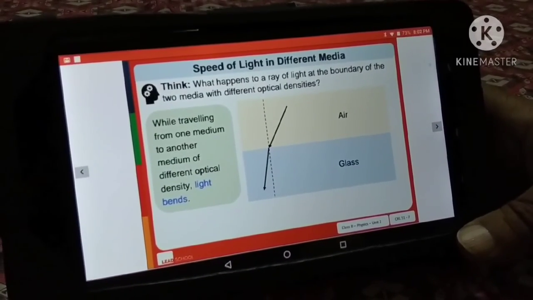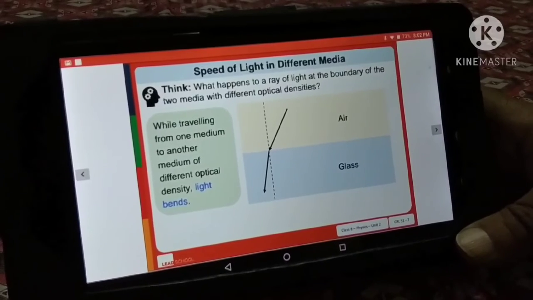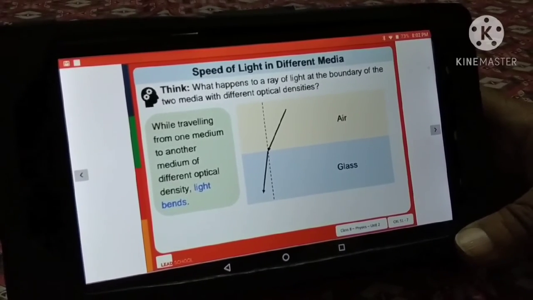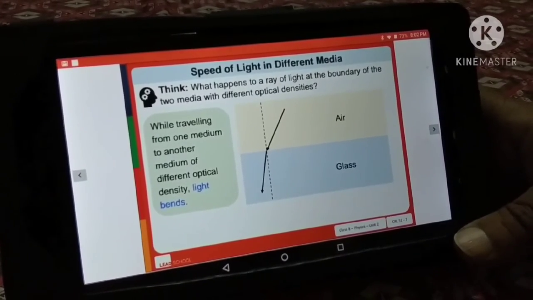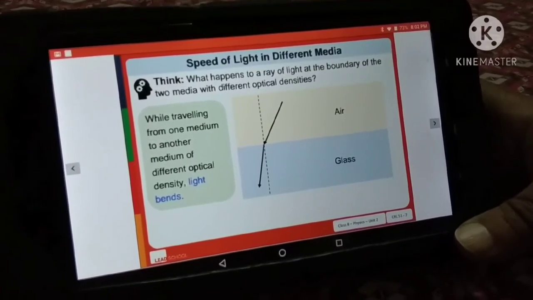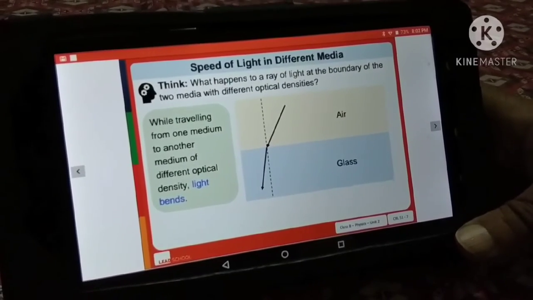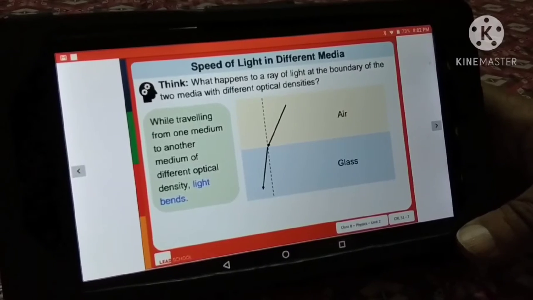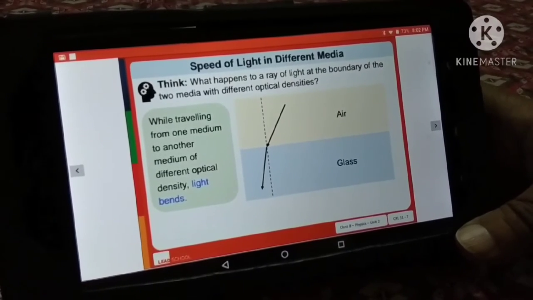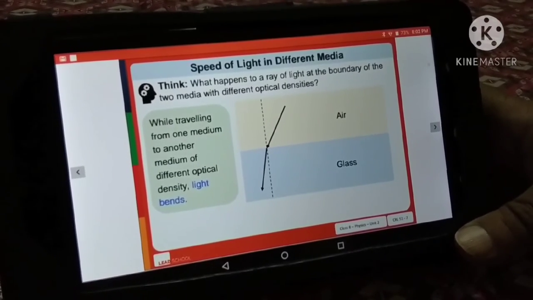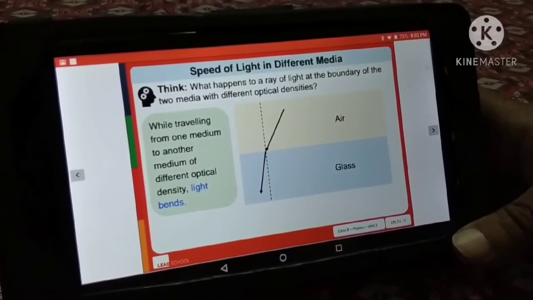So what happens to a ray of light at the boundary of the two media with different optical densities? Answer is, while traveling from one medium to another medium of different optical densities, light bends, like it has been shown in this picture.